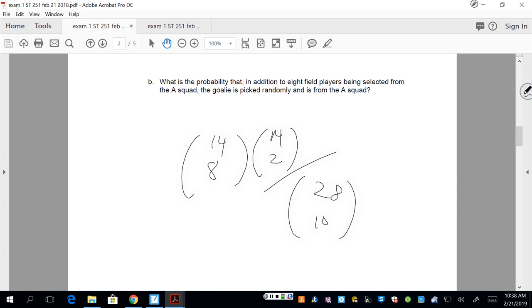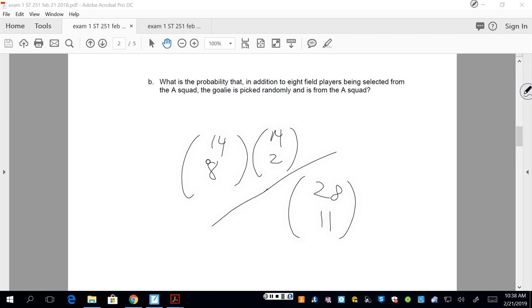This one can be a little fuzzy in terms of exactly how it was interpreted. Is the goalie one of the 10, or was the thought that there'd be one more pick? After you pick this, you need to pick a goalie. So maybe you need to pick 11 people overall, 10 plus 1.